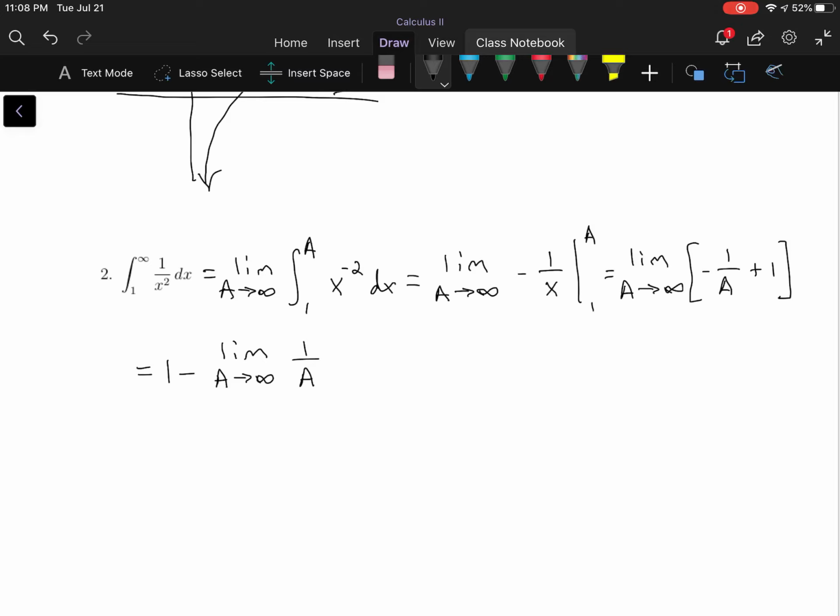And so as a gets bigger and bigger, the denominator is getting larger, and so you're doing 1 over a bigger and bigger number, which that fraction is going to get smaller and smaller and essentially approaches 0. And so that's what the limit is, which means our answer is 1. And that implies that this integral, with the subtle difference of a power of 2 instead of 1, converges.